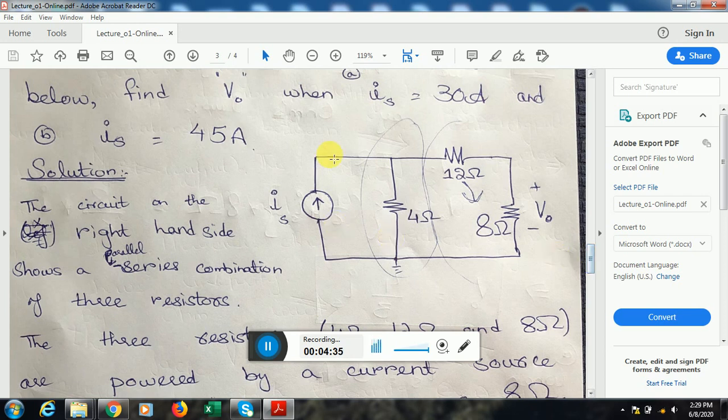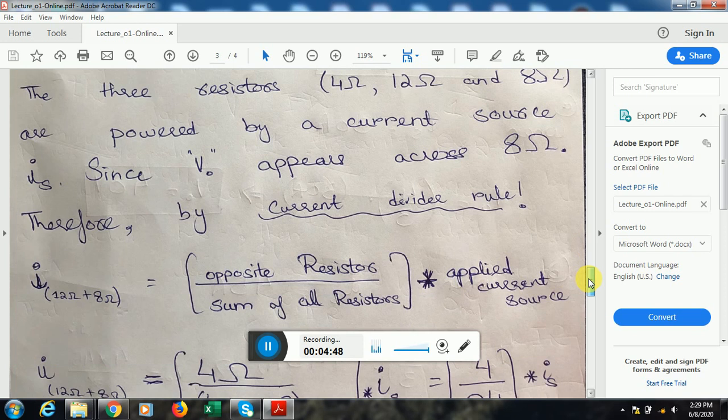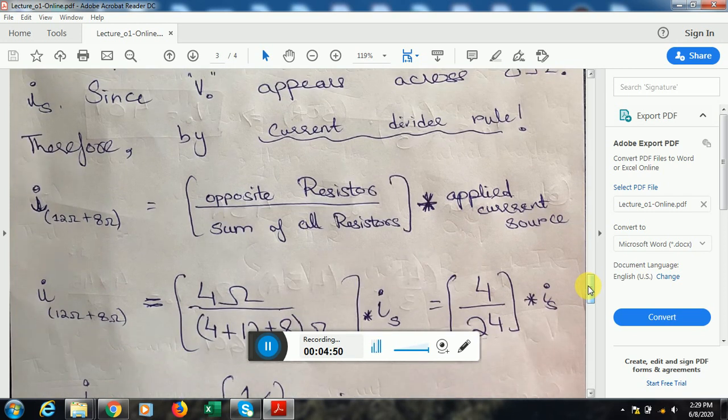This means the entering current is divided into 2 parts. One part goes through the 4 ohm resistor, and the other part of the current goes through the 12 ohm and 8 ohm resistance portion. So the current is divided between the 4 ohm and then the 8 and the 12.